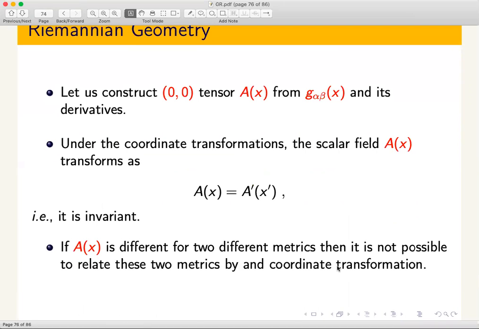Now suppose you choose two different metrics, say G_A mu nu and G_B mu nu, corresponding to two different, quote unquote, geometries.